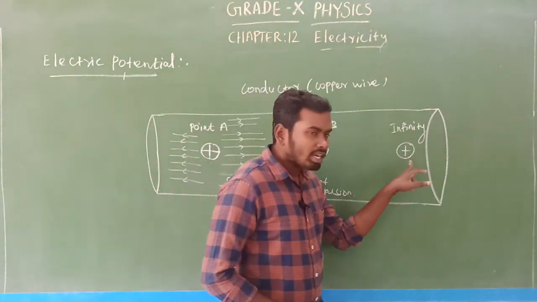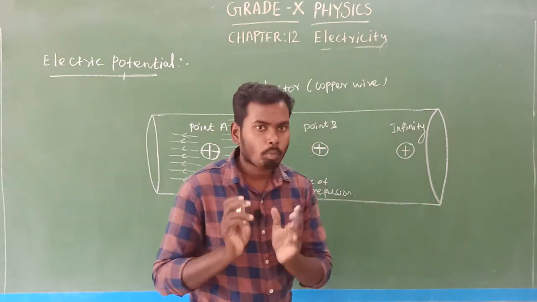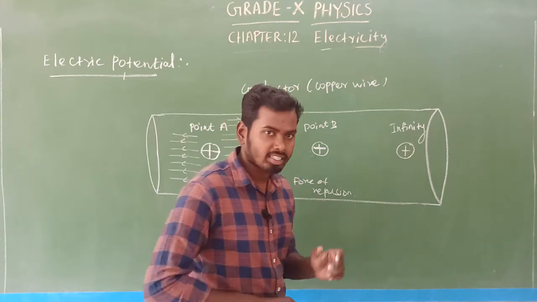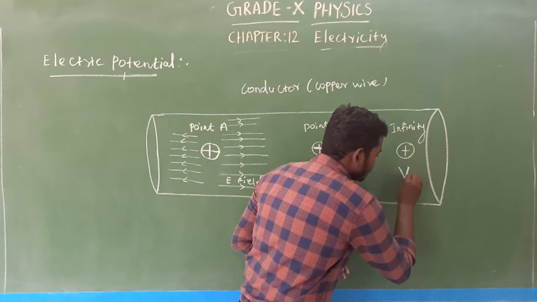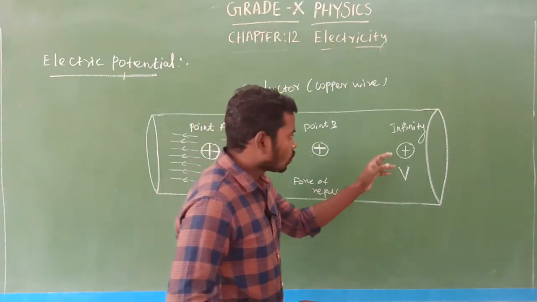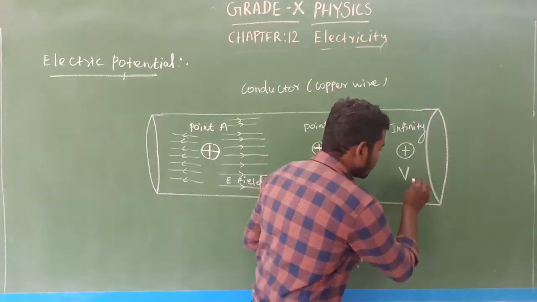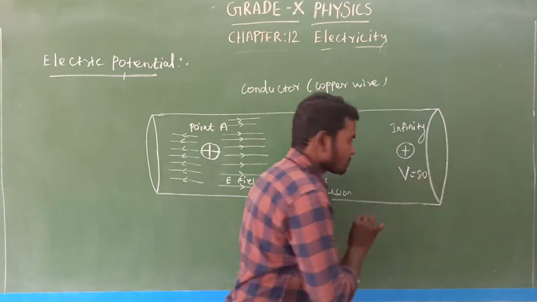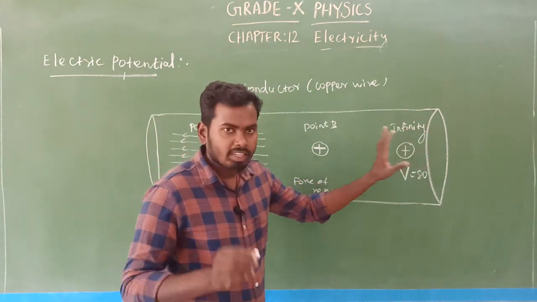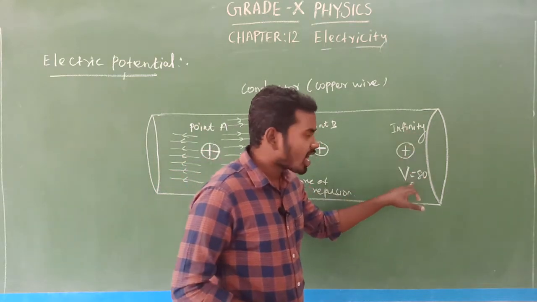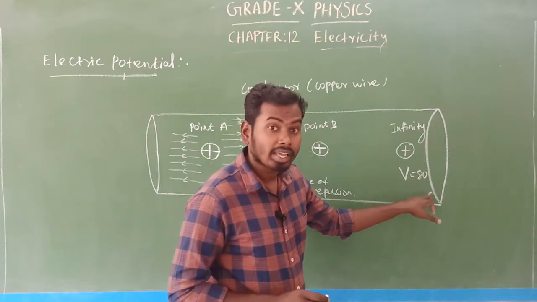So when the charge was placed at infinity, it has some potential. Potential is denoted by the capital letter V. Consider it to be, for example, 80.